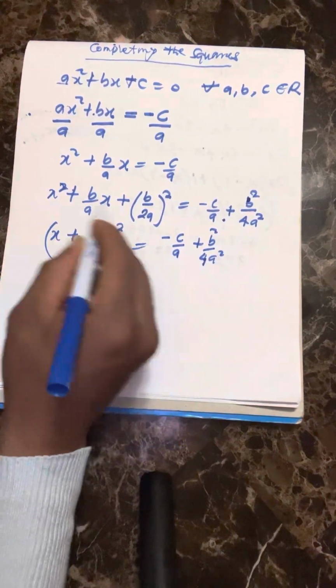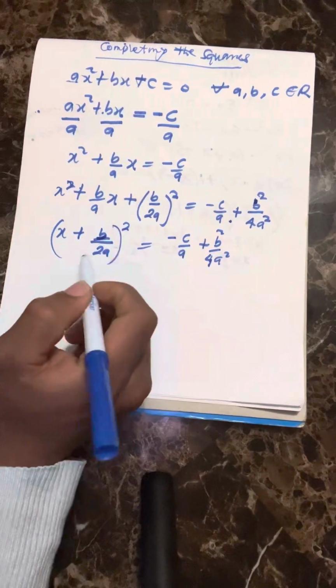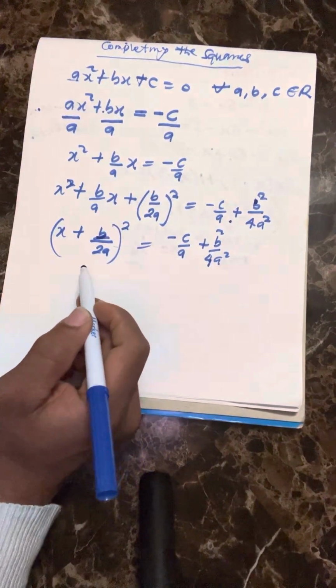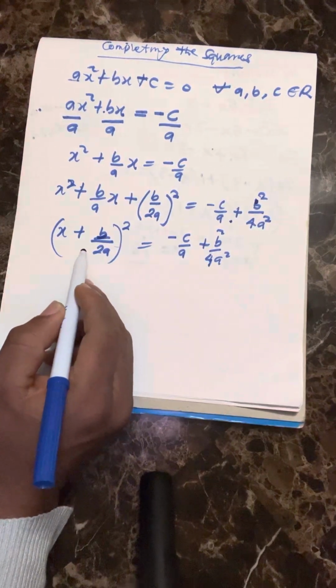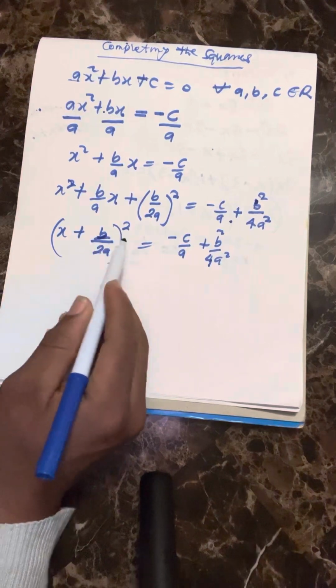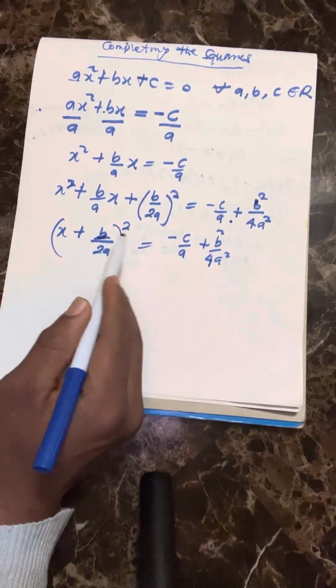So you may want to convince yourself by doing that and see that you will get a repeated factor, x plus b over 2 and another x plus b over 2.